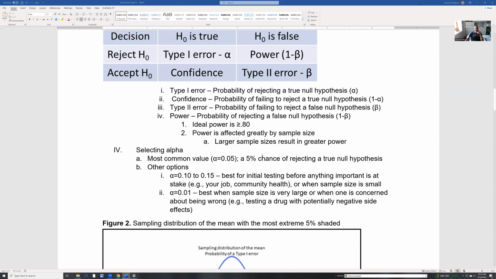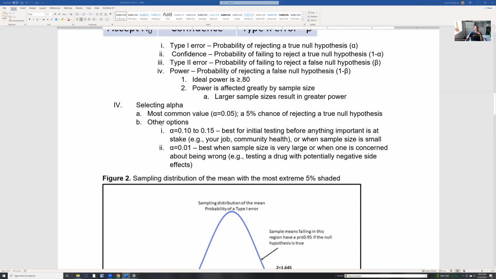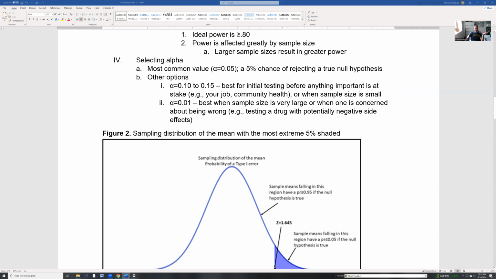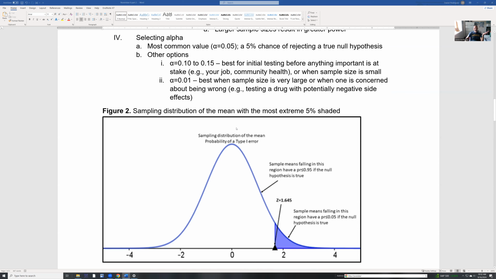So as I mentioned, power is affected by sample size. So selecting our alpha is our probability of a false positive result. We have to look at our distribution to understand why we make the choices that we do. This is our null population here. We look at the probability of our observed result from our sample, like we were comparing our sample of 70 versus 50.